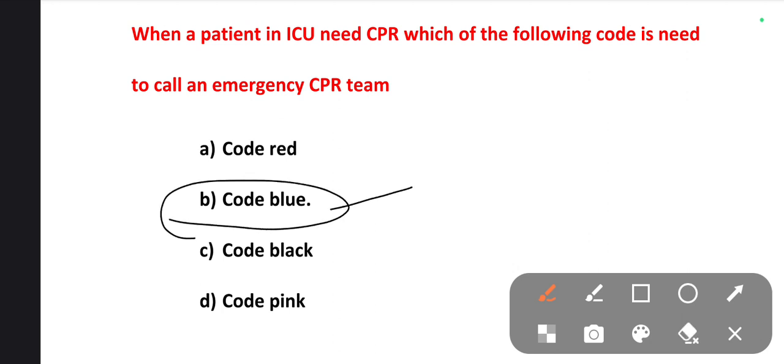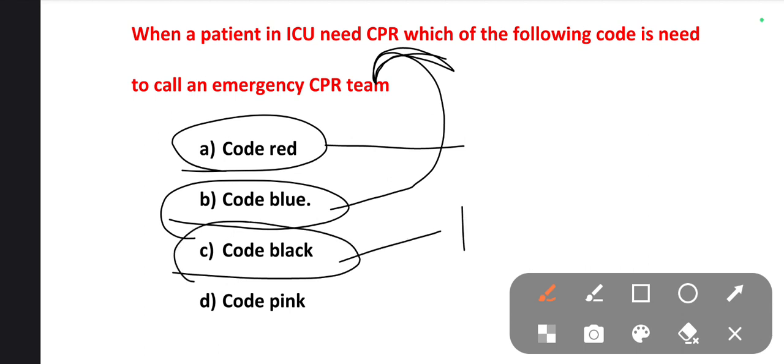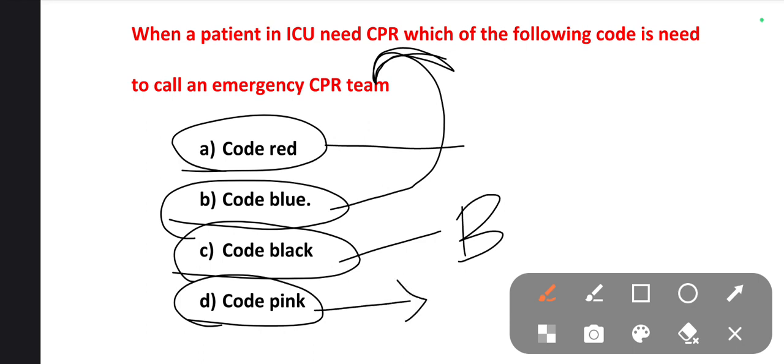Code blue is always related to cardiac arrest. Code red is for fire. Code black is for a bomb blast. When there is any bomb blast in the hospital, code black will be announced. And code pink is when a child is missing in the hospital.